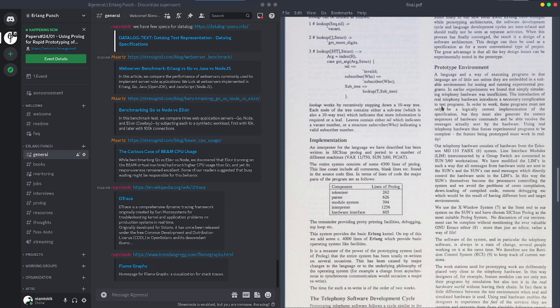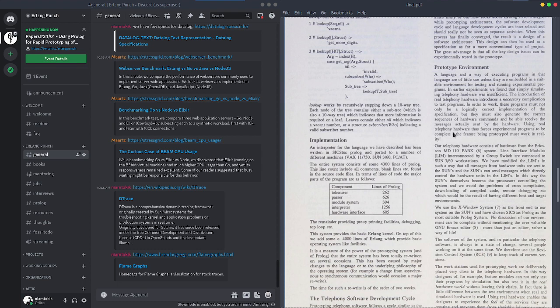The introduction of real telephony hardware introduces a necessary complication to the test programs. In order to work, these programs must not only be a logically correct implementation of the specification, but they must also generate the correct sequences of hardware commands and be able to receive the messages actually sent by the hardware.